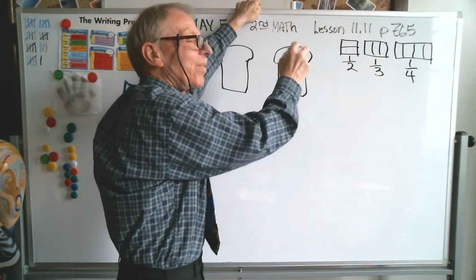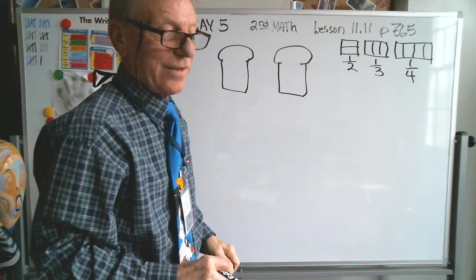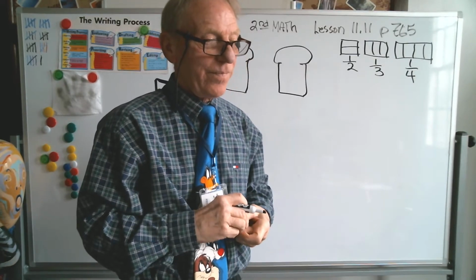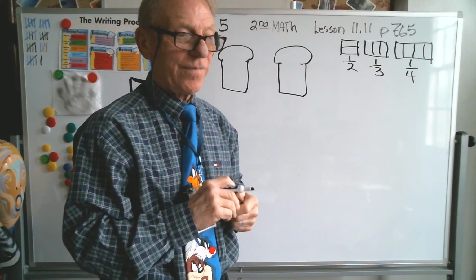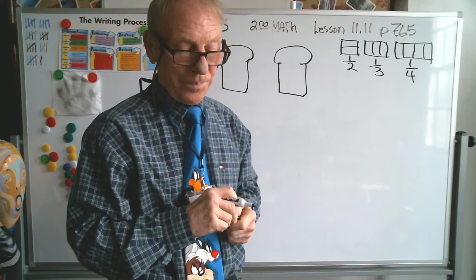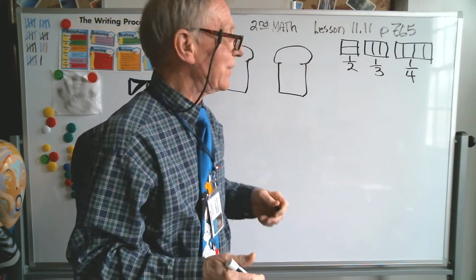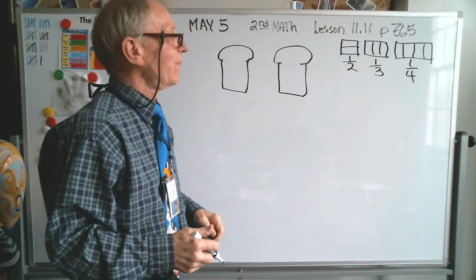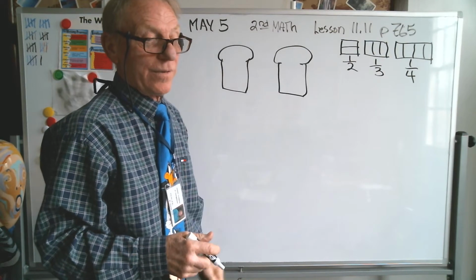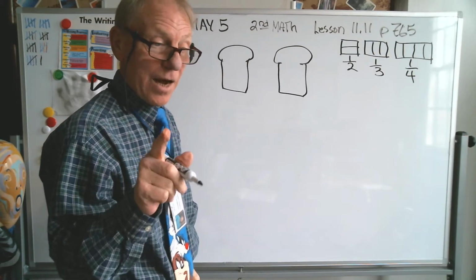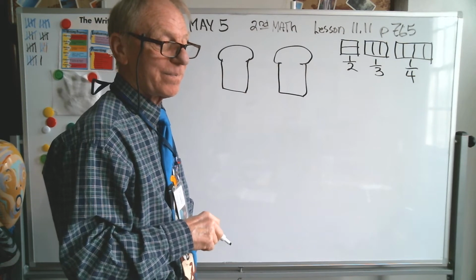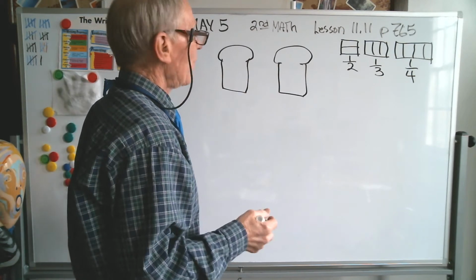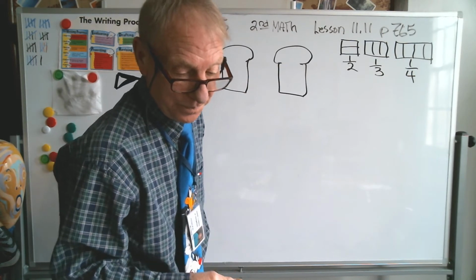Remember, each part that is an equal size is that fraction. So now we've got two sandwiches that are cut into fourths. That means, remember the bottom number tells you how many parts it's cut into? So they're both cut into 4 parts.